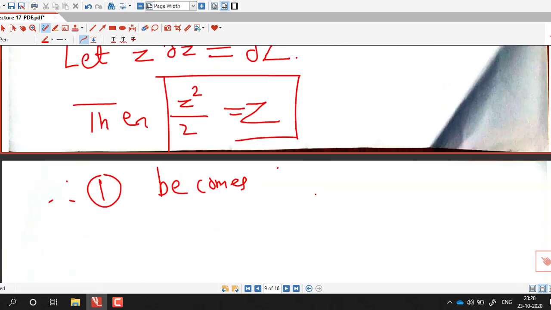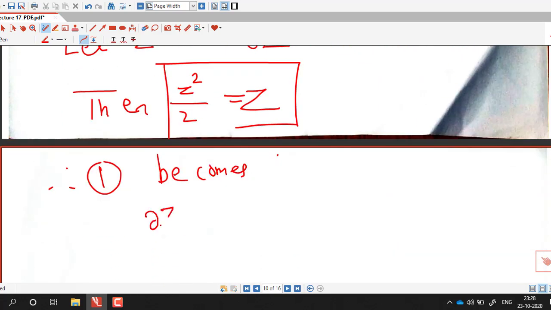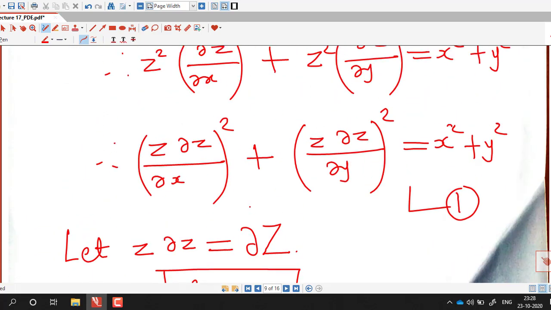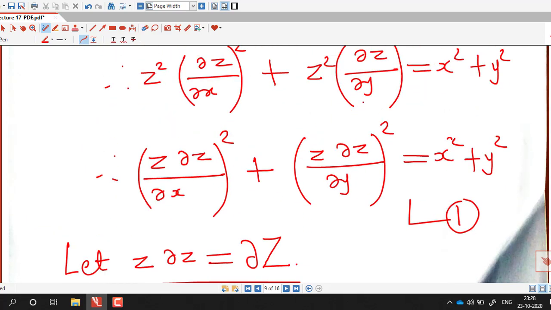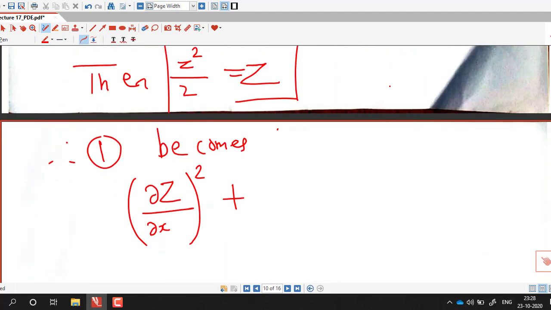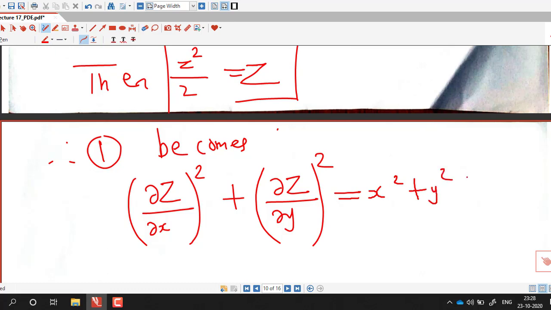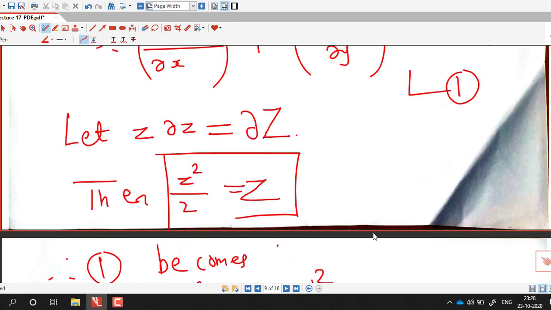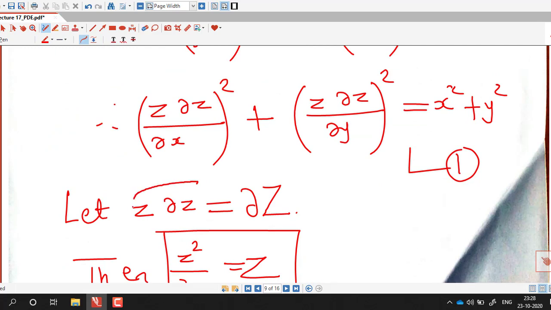del capital Z by del x whole square plus del capital Z by del y whole square equal to x square plus y square. So putting z del z equal to del capital Z in equation number 1.